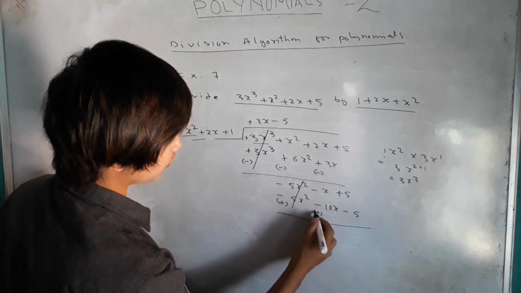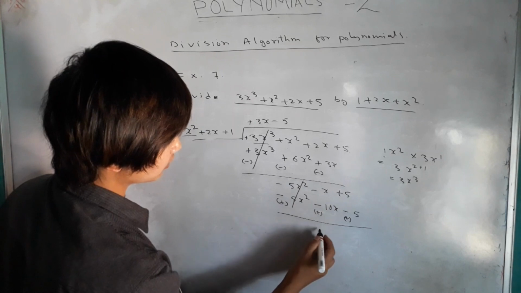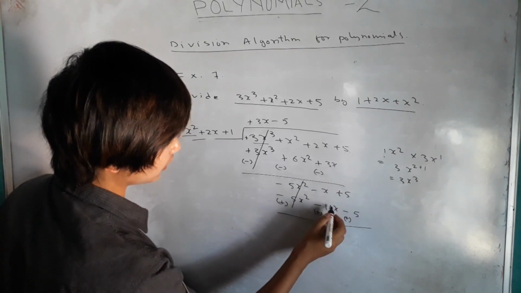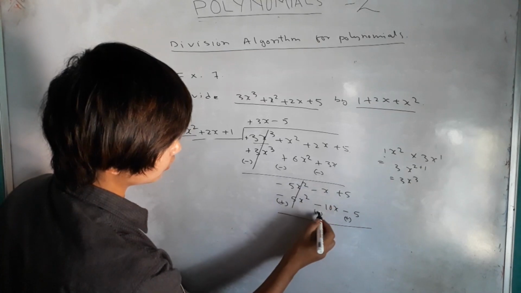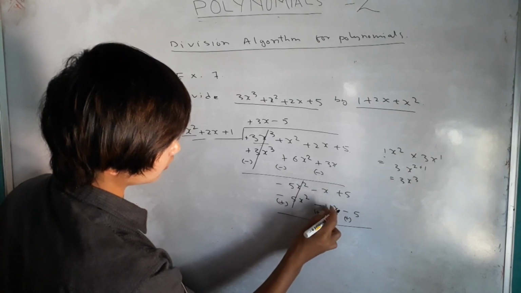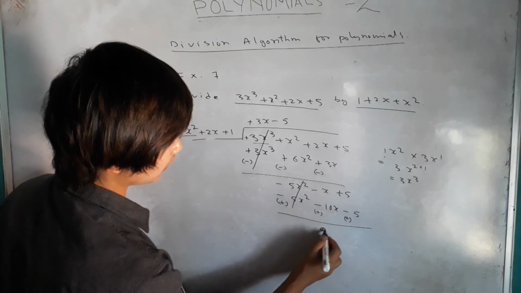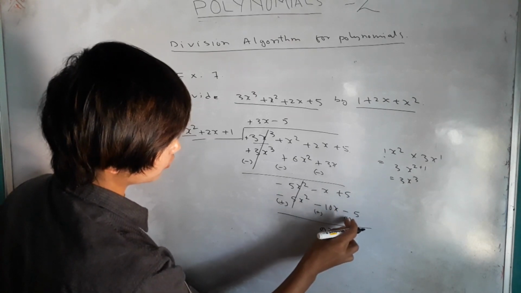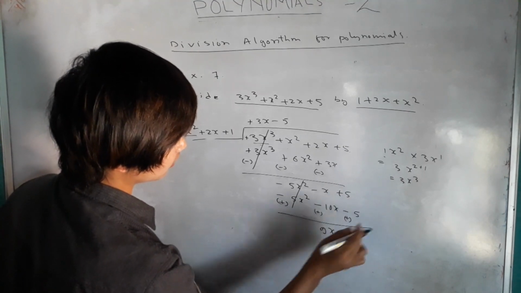Negative, then opposite sign, plus into minus, minus, but see here, 10 is bigger than 1, so according to the new sign, 10 will have this positive sign, so 10 minus 1 will be 9x. So plus into plus, plus 5 plus 5, 10.